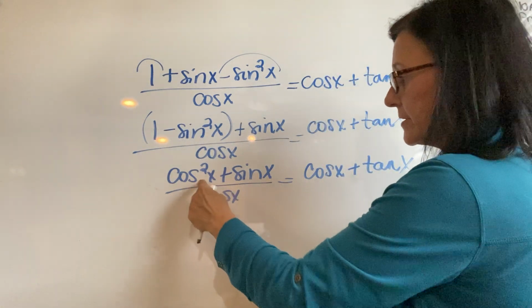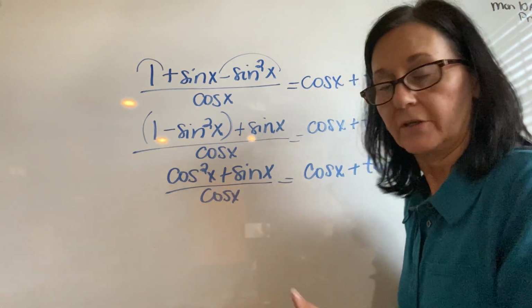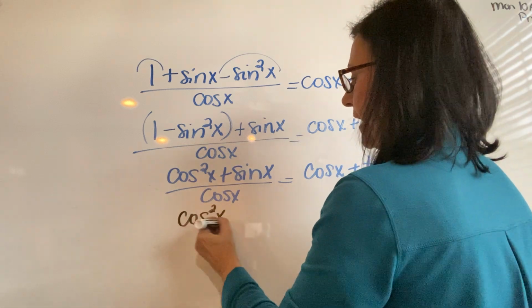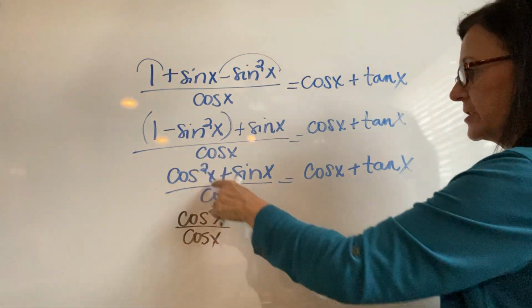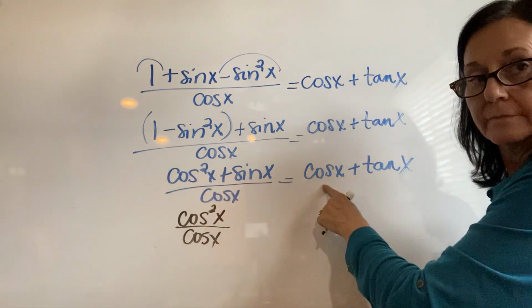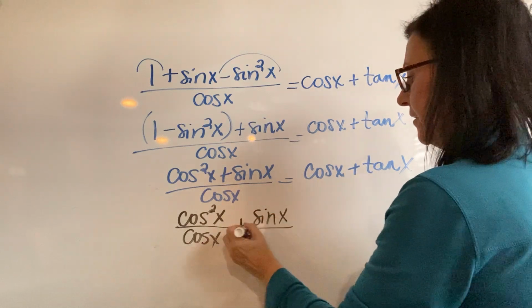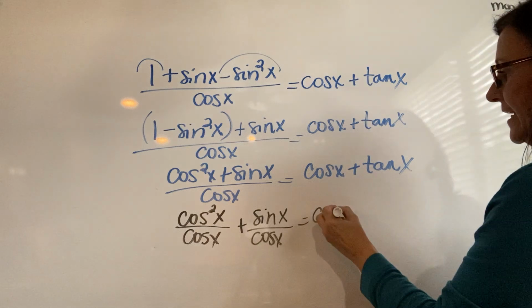So I'm going to write the cosine squared over cosine plus the sine of x over the cosine. Why would I do that? Because I recognize that is just the cosine of x, and I then realize that that's the tangent.